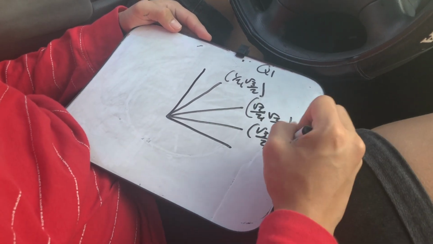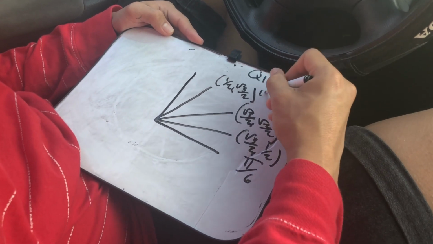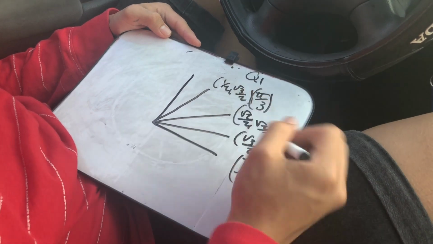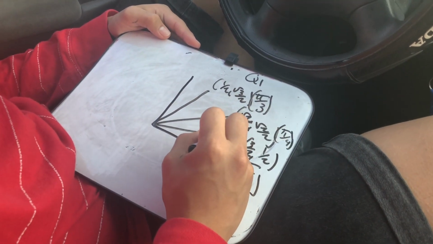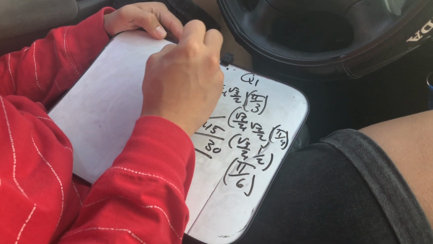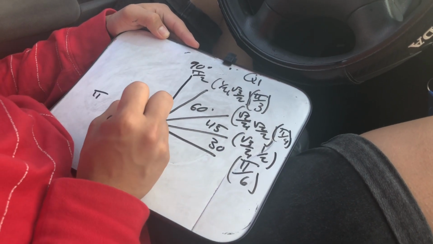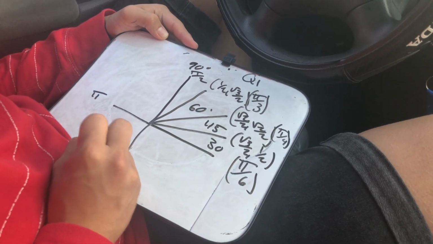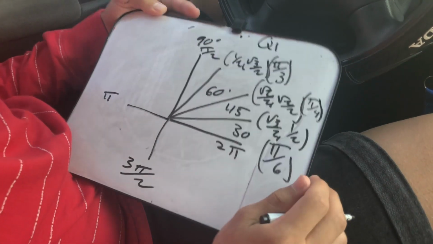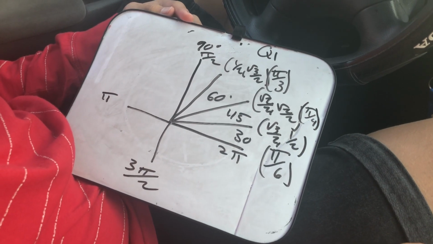And as long as you remember your radians, pi over 6, pi over 4, and pi over 3, pi over 2, pi. This is in reality all you would need to find your coordinates or the radians in a unit circle.